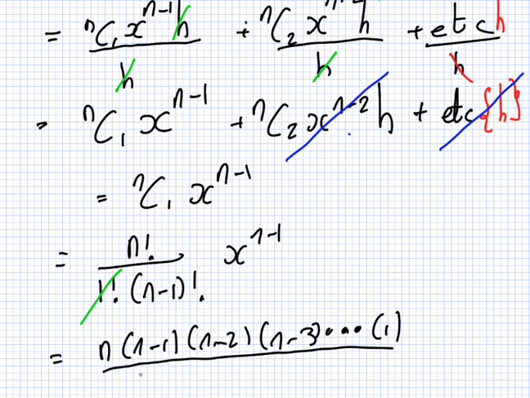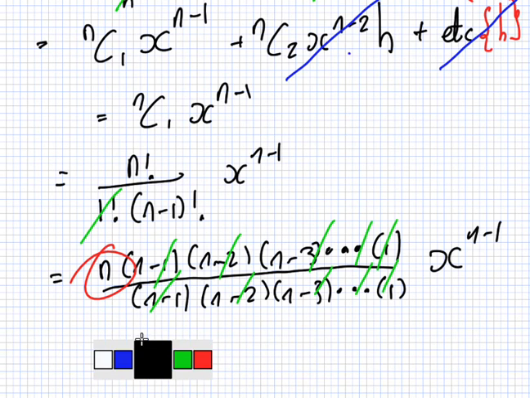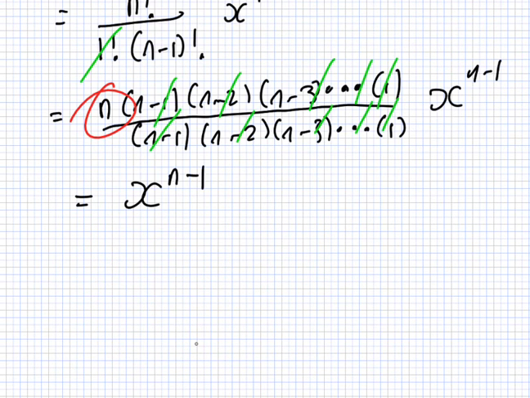Then on the bottom we have n minus 1, n minus 2, n minus 3, all the way down to 1. So that cancels, that cancels, that cancels, and you see that you're just left with an n. So now we have n x^(n-1). So we get our result.